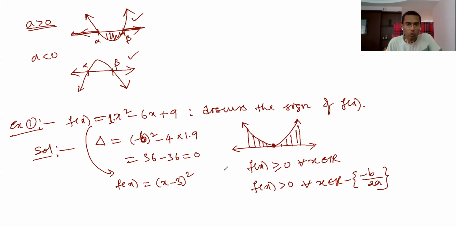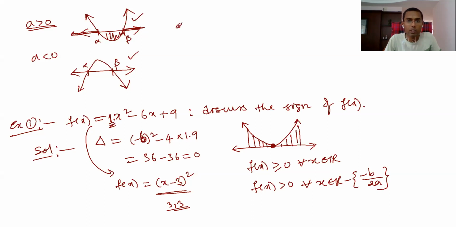Actually this becomes x minus 3 whole square. When delta equal to 0, what are the roots? Both the roots are equal. The roots are 3 comma 3. So except that equal root, at all remaining places it's positive because a is positive.